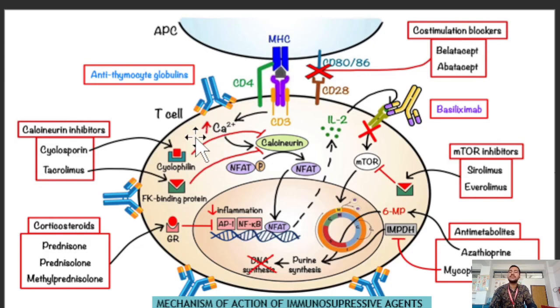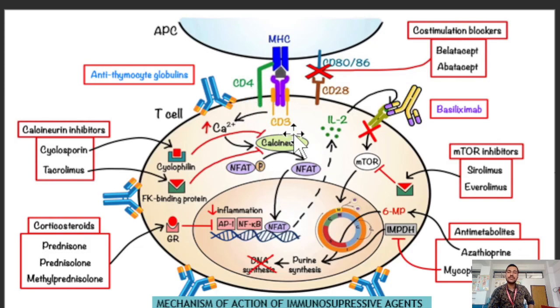This increase in calcium ions in turn activates calcineurin, and this calcineurin will dephosphorylate this NFAT, which then, dephosphorylated, easily enters the nucleus. And because of this NFAT, interleukin 2 is translated and it goes out.